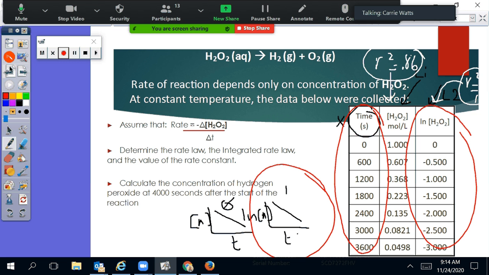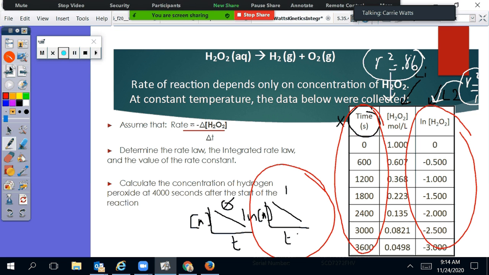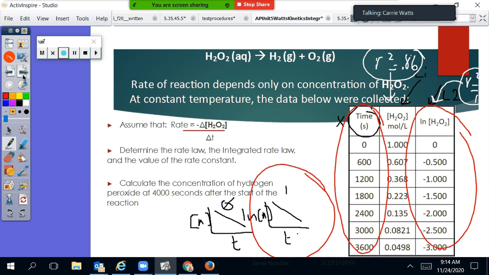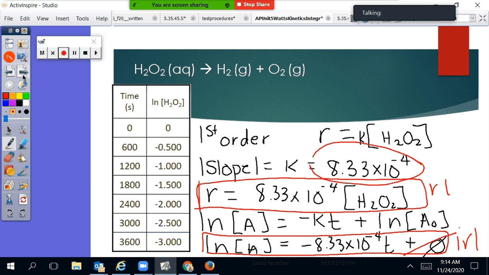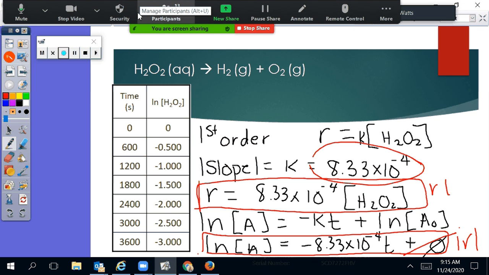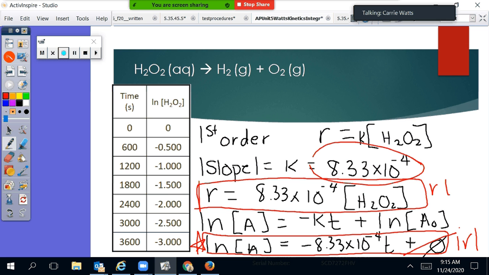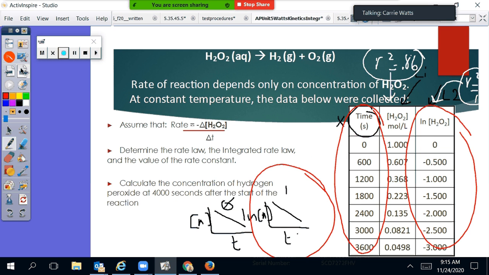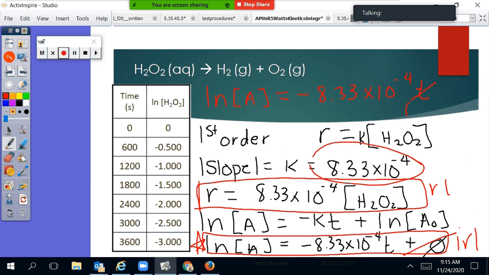And the last thing, calculate the concentration of hydrogen peroxide at 4,000 seconds after the start of the reaction. After 4,000 seconds, you would take this equation here: the natural log of A equals negative 8.33 times 10 to the negative fourth t. They said t was 4,000 seconds.